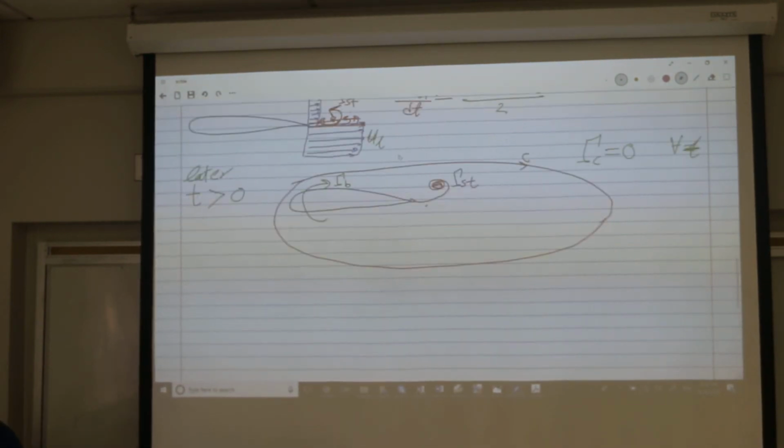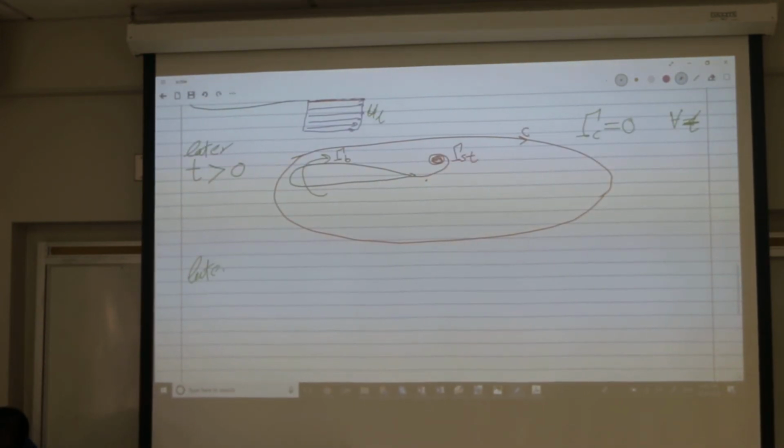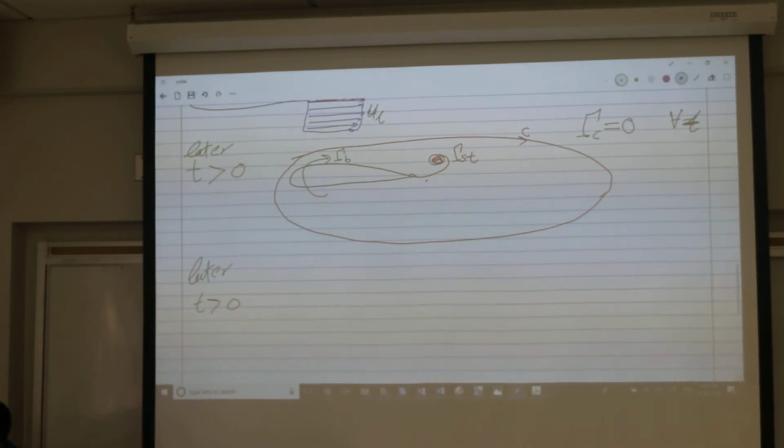So later in time, my stagnation point was maybe here. It moved, which decreased the difference. This speed is increased a little bit, and this one decreased a little bit. There's still some difference, but it's not that much. Still I'm generating vorticity.